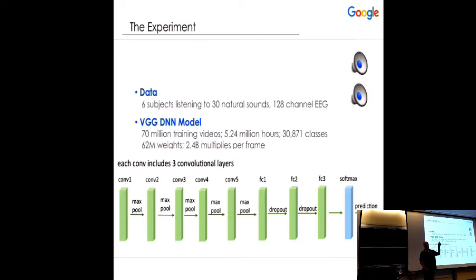So this is state-of-the-art audio, environmental audio, like sirens, soccer games, classical music, snoring, whatever, and a large number of weights.